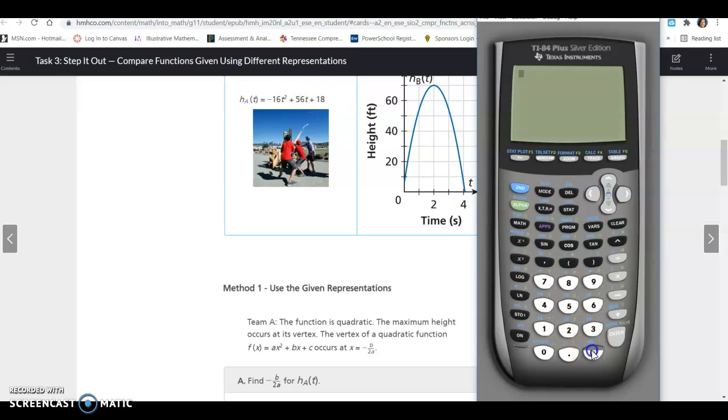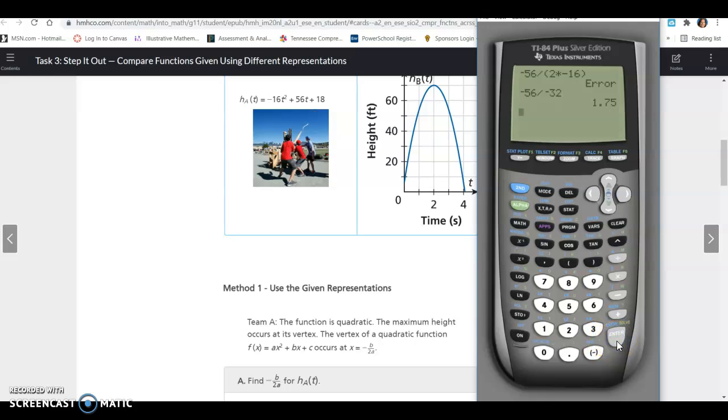So negative b would be negative 56 divided by 2 times a, which is negative 16. And it doesn't like the way I typed it in. So let's do negative 56 divided by negative 32, because 16 times 2 is negative 32.